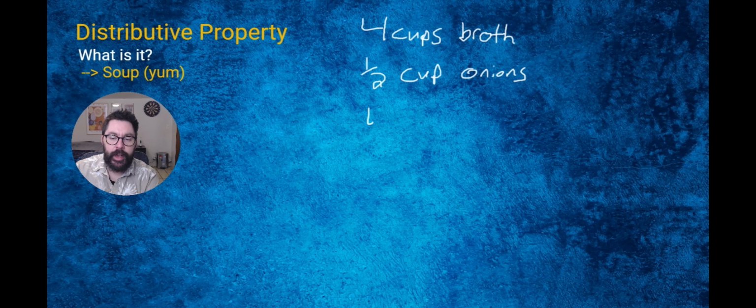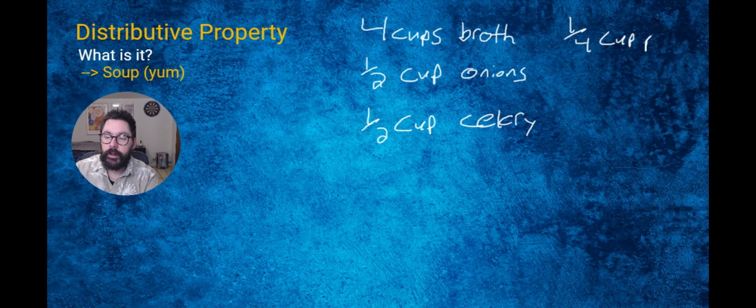And we got half a cup of celery. And let's say we got 1/4 cup of peppers. And lastly, just to keep it simple, we'll say there's 1 cup of water.